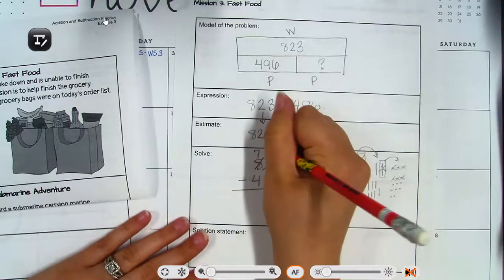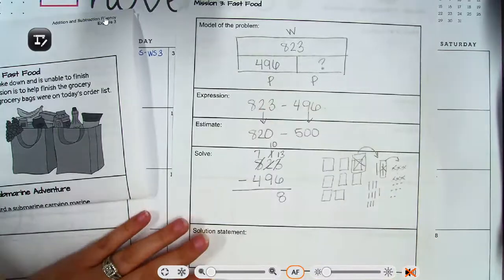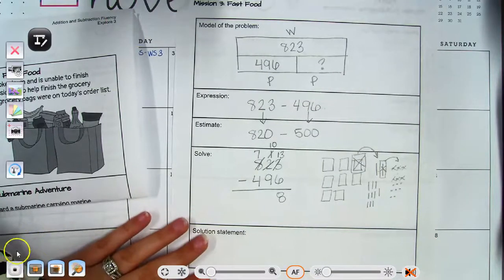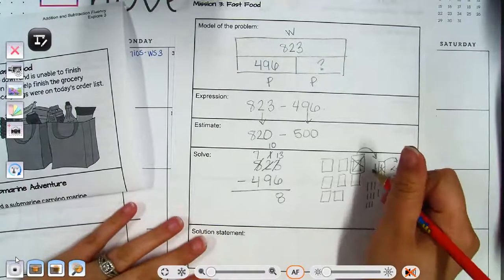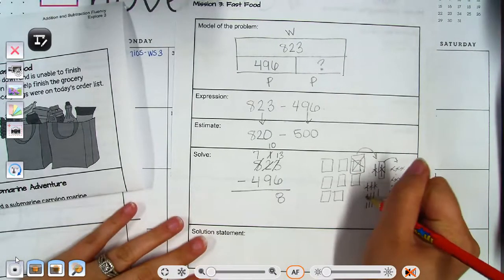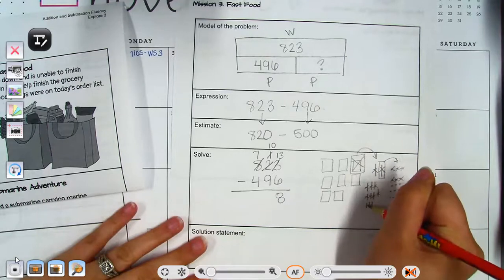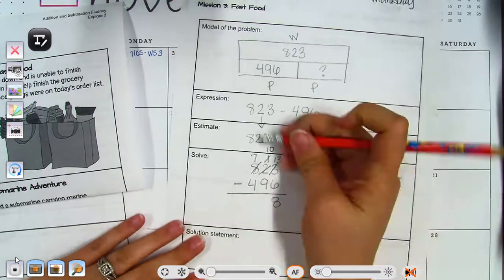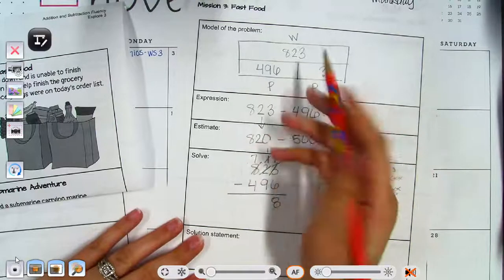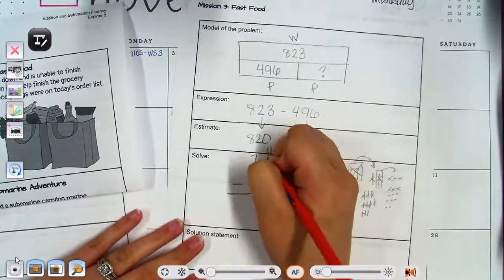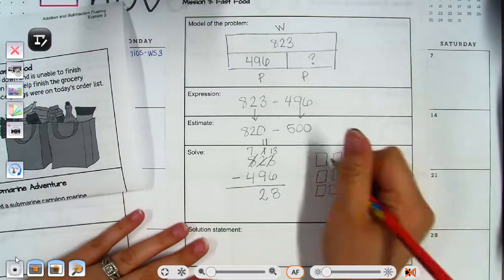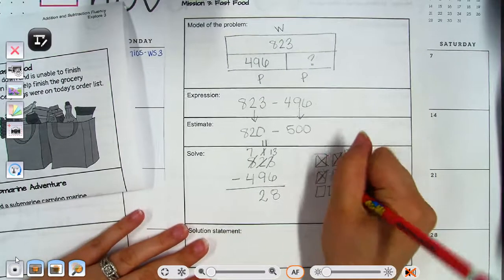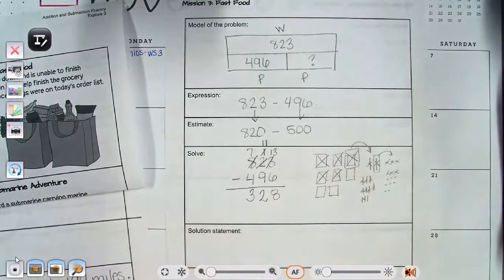So instead of 1, I have 10. So now I can go and subtract my 9. So I can say 1, 2, 3, 4, 5, 6, 7, 8. That should be 11. And I have 2 tens that are left. And then if I go over here and subtract 4, I have 3. That was a lot of regrouping.